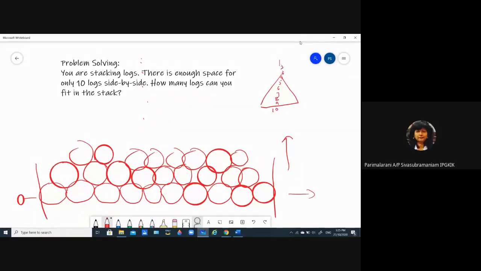What's the dimension this way? Draw it out on paper and see. By now you should have an idea what type of number and what type of sequence we are dealing with.